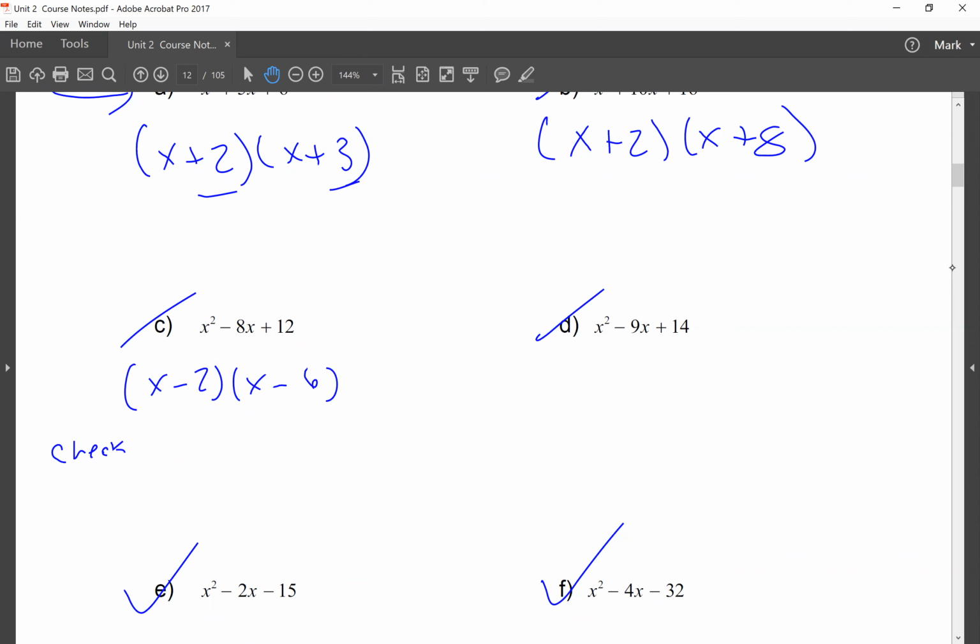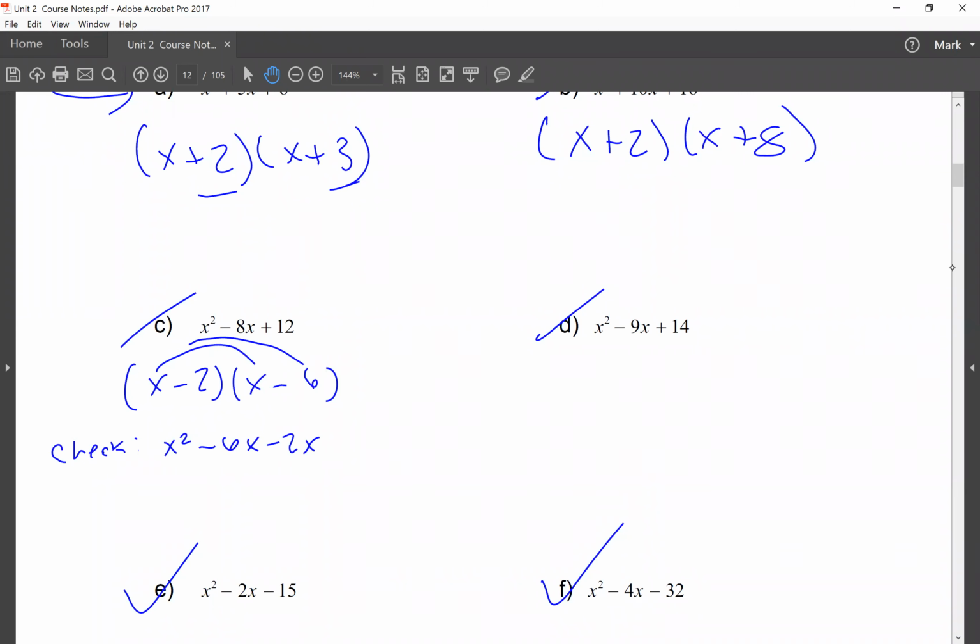So what I can do is double distribute, or we would call this foiling: first, outside, inside, last. So x times x is x squared. X times negative 6 is negative 6x. Negative 2 times x is minus 2x.